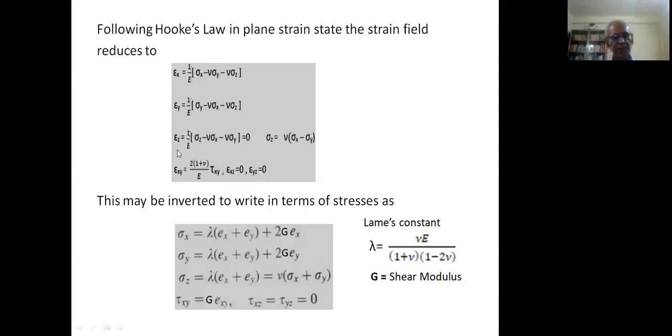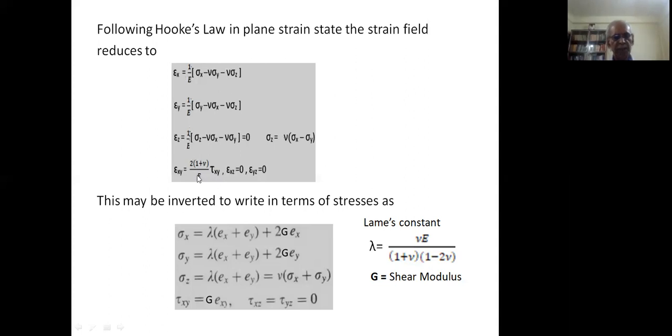And epsilon z equal to 0. That means 1 by E times (sigma z minus mu sigma x minus mu sigma y) equals 0. This means sigma z exists, and it will be sigma z equal to mu times (sigma x plus sigma y), not minus, because this equal to 0 means it will be mu times (sigma x plus sigma y). Okay, let's make this correction.